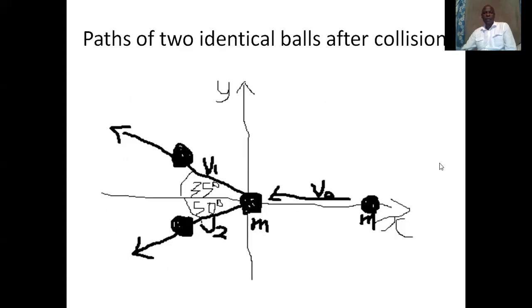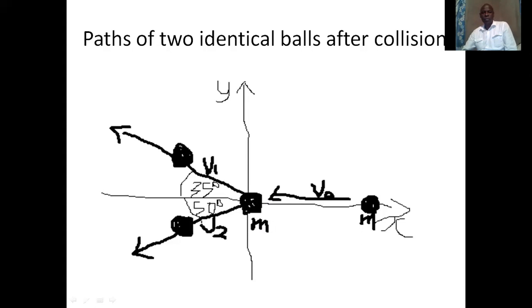And so we have two balls here. This is the first ball, which comes and hits a ball which is at rest with also mass m. The velocity of the ball which strikes the one which is stationary is v(o).